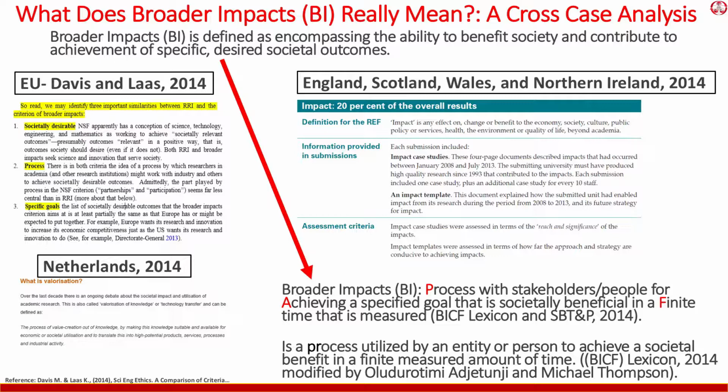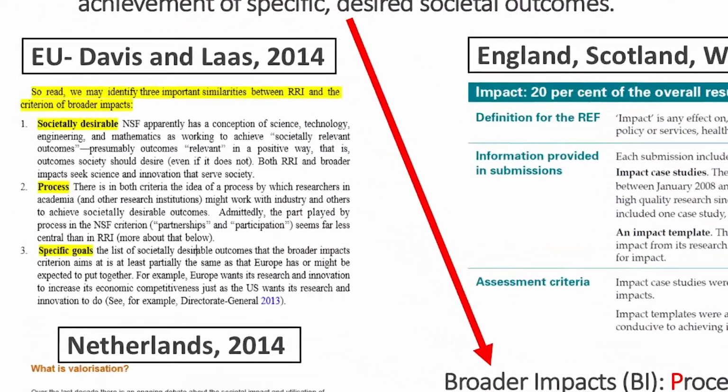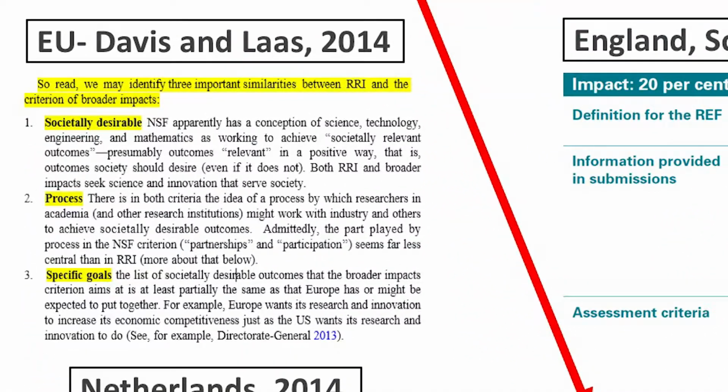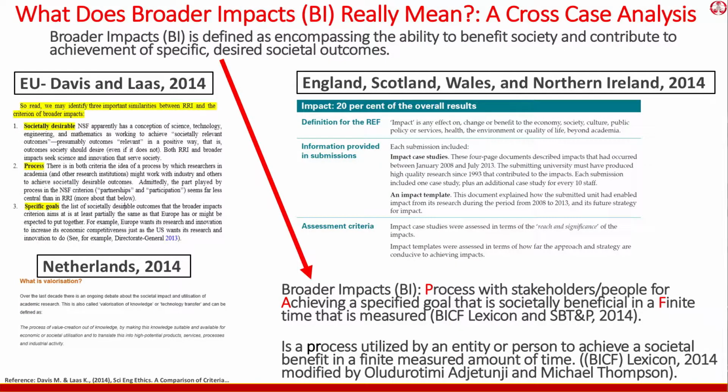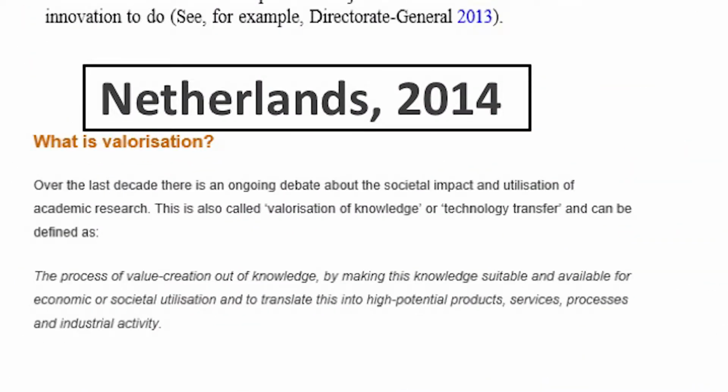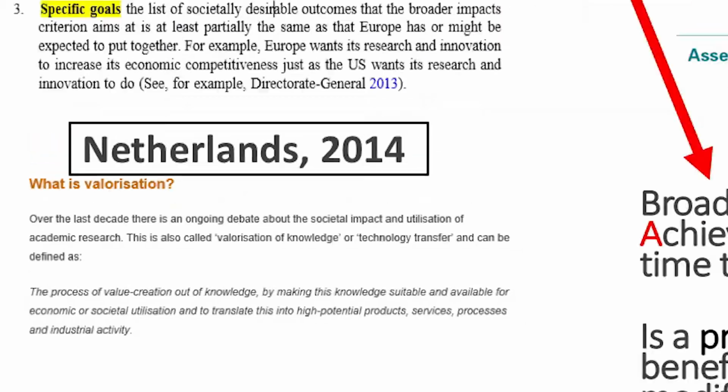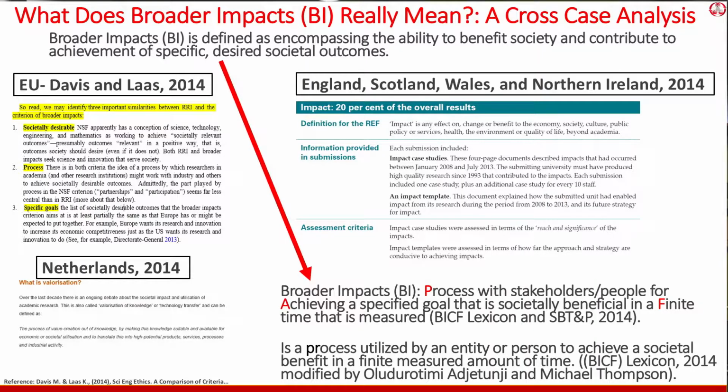So we begin to look at responsible research and innovation, looking at that with Lass's work and comparing that to broader impacts. We begin to look at the research excellence framework. We begin to look at the valorization. All of those things, and looked at those to say, what do they, at their core basis, have in common?